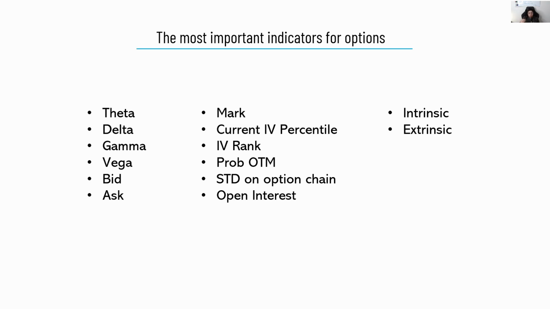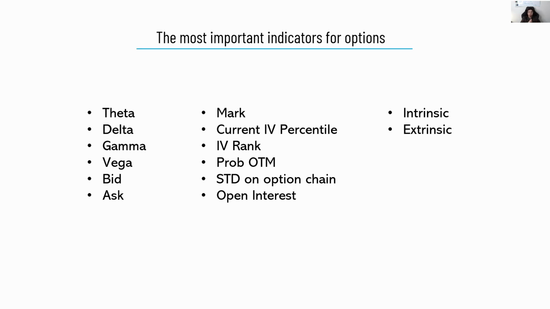And the IV rank is the same as current IV percentile in Thinkorswim, not in any other brokerage platform. Because in Thinkorswim, they've made the mistake of adding an IV rank for current IV percentile. So they've added IV percentile to IV rank, which is really funny. But really, when I look at Thinkorswim, I'm looking at the IV rank rather than the current IV percentile.